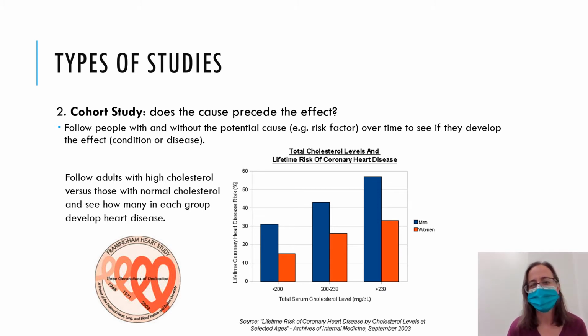We also see a difference in your biologic gender. So male-bodied people are more likely to develop heart disease than female-bodied people. So we can start to identify these risk factors, in this case, for coronary heart disease. So that's a cohort study following people with and without the potential risk factor over time.